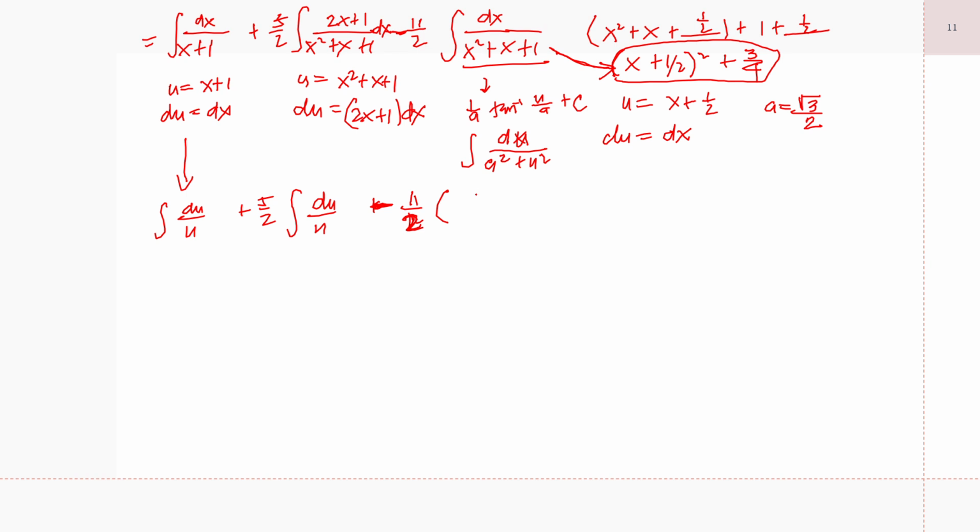This is 1 over the square root of 3 over 2, then inverse tangent of our u. Our u, we could have as 2x plus 1 over 2, over our a here, which is the square root of 3 over 2, then plus c.